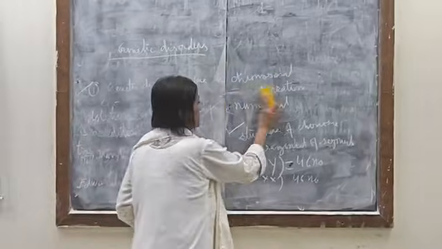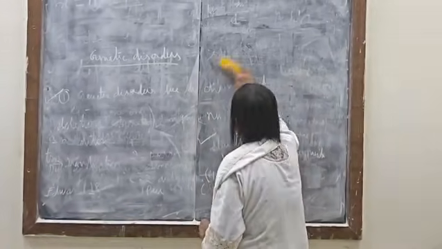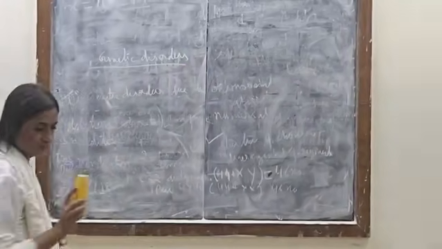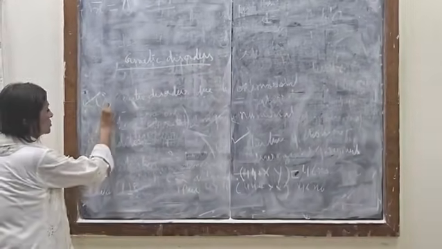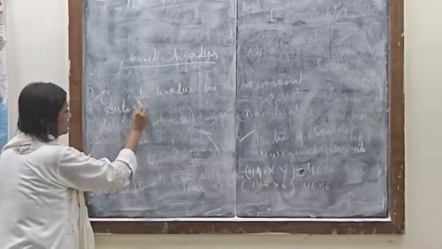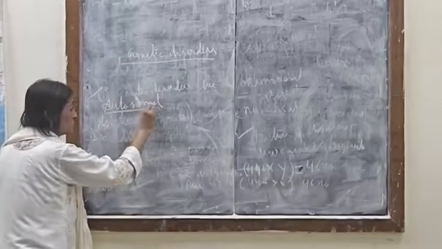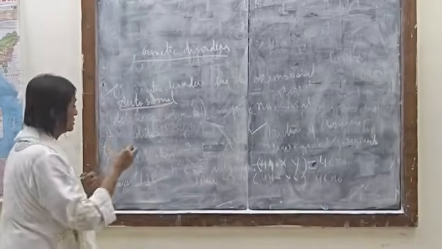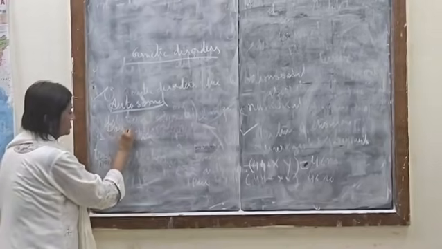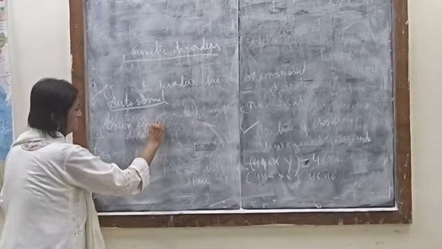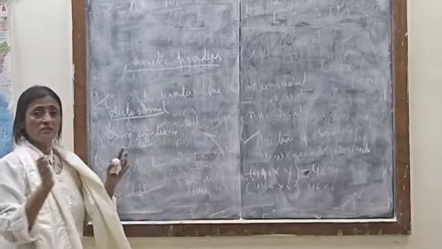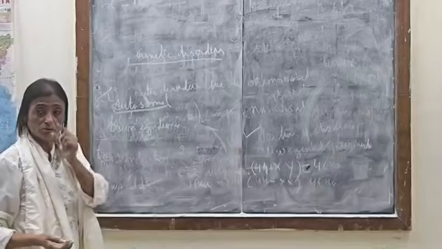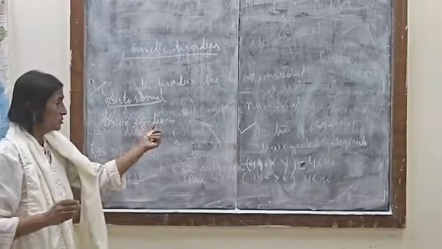It is an autosomal disorder. Why autosomal? Because it is a defect of chromosome number 21. Down syndrome. Syndrome is a condition when a collection of symptoms appears, not one symptom but many symptoms.